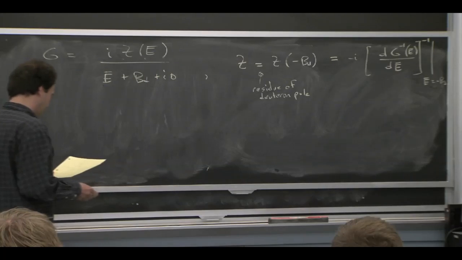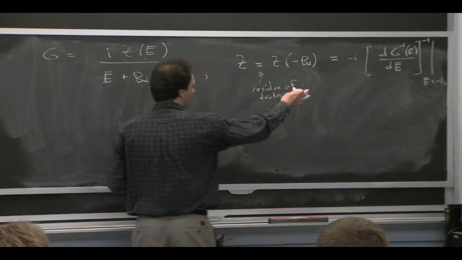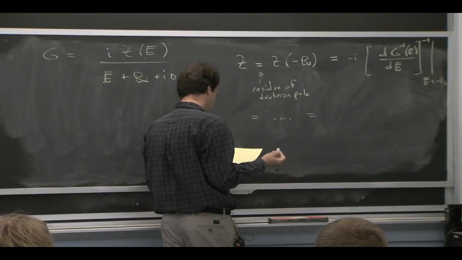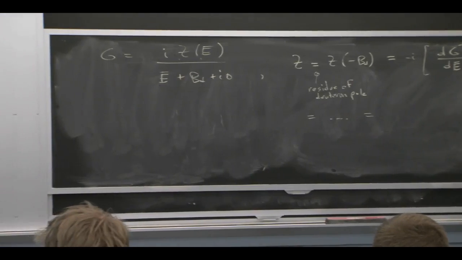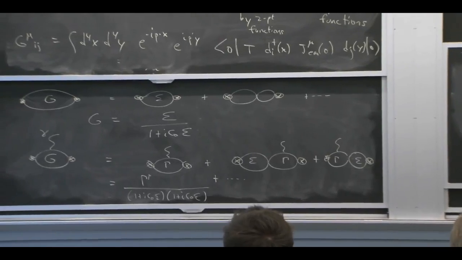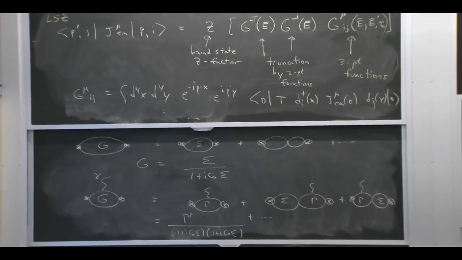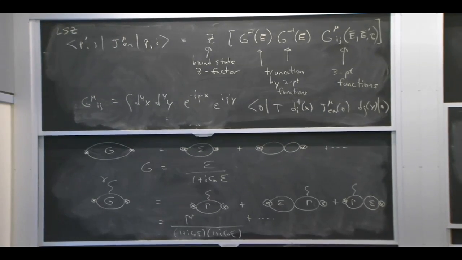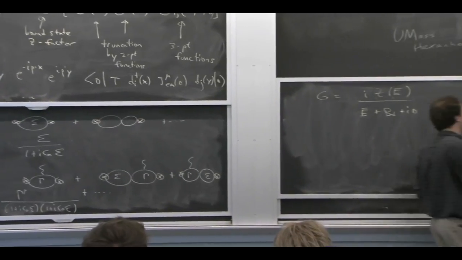I won't go through the derivation of that little manipulation, but it's a straightforward consequence. If you put in the formula that we had over here for G, then you can write a formula in terms of sigma. And after that manipulation, it's again just some algebra to show that this is true.